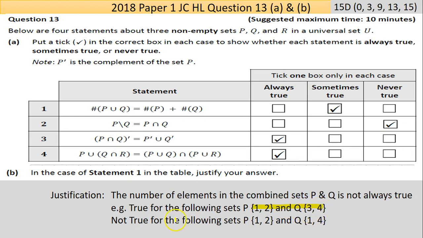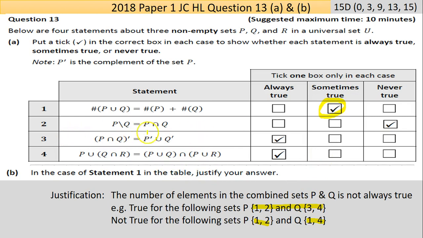So it is. But if you have a different set where there's overlap, 1 and 2, and 1 and 4, so P union Q joined together is 1, 2, 4. That's 3 elements, whereas the number of elements in P is 2 and in Q is 2, so it's 4. So it's not true in that scenario. So it's sometimes true.